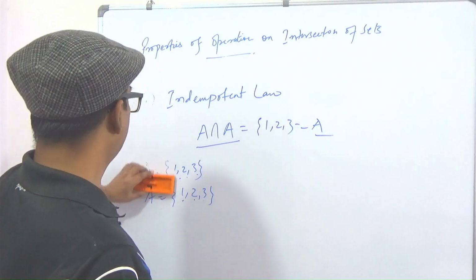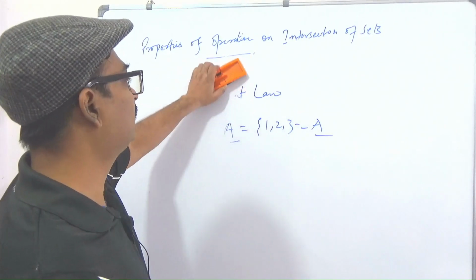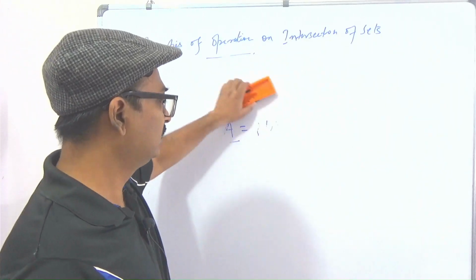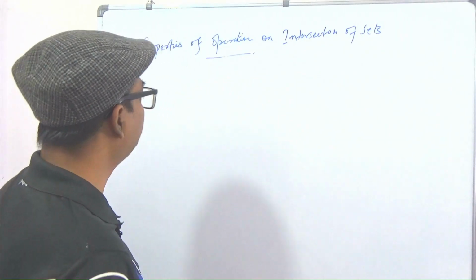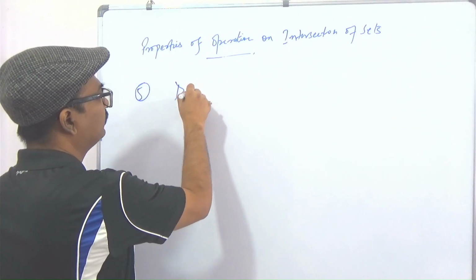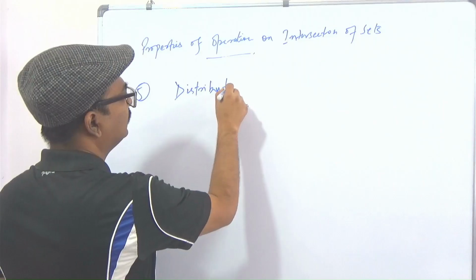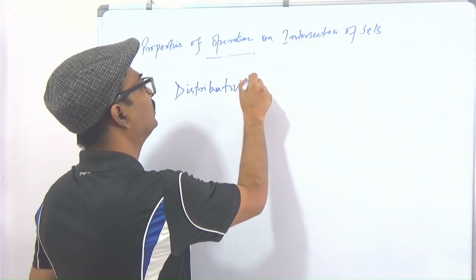Okay. Finally, we have the distributive law here. In the case of intersection of sets, we have the distributive law.